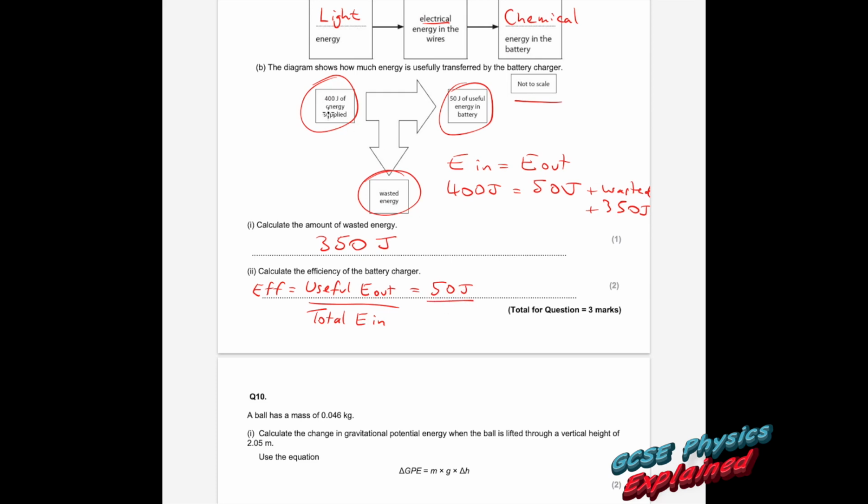But we had to put 400 joules of light energy in to get 50 joules of chemical energy out. Well, that's not very efficient, is it? 0.125. So remember to get that as a percentage, if it wanted it as a percentage, multiply by 100. So that's 12.5%. As I said, it's not very efficient.